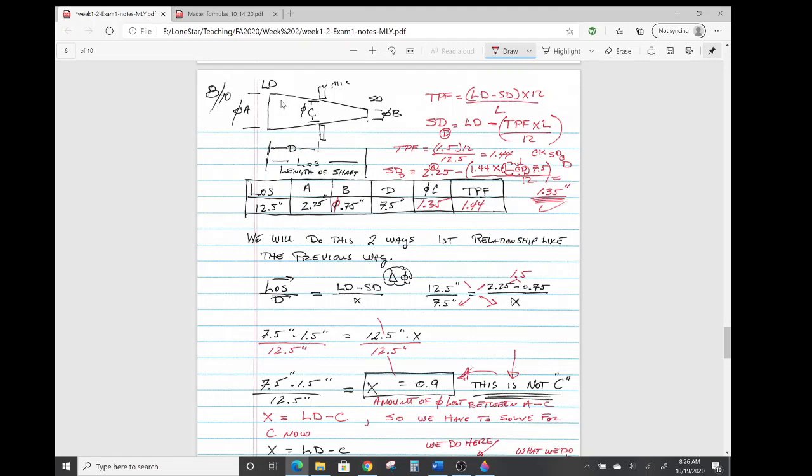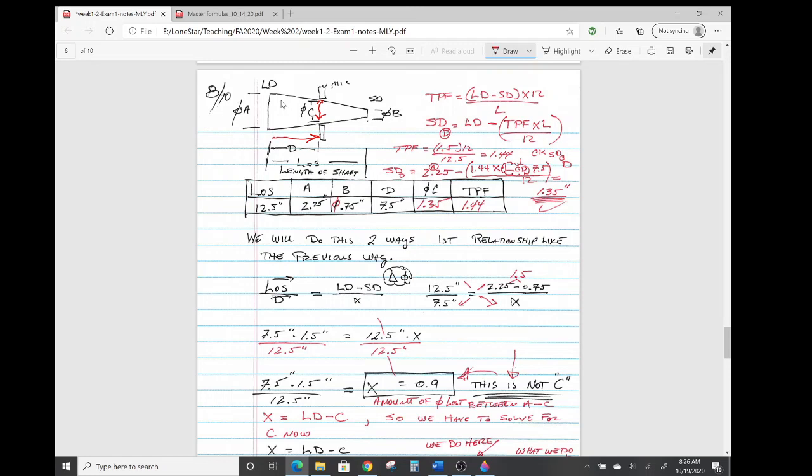D, which is the length from the large diameter to the point that we're going to measure with a micrometer, is 7.5 inches. And we're solving for the diameter of C. We want to solve for the diameter of C at this point D. Okay?